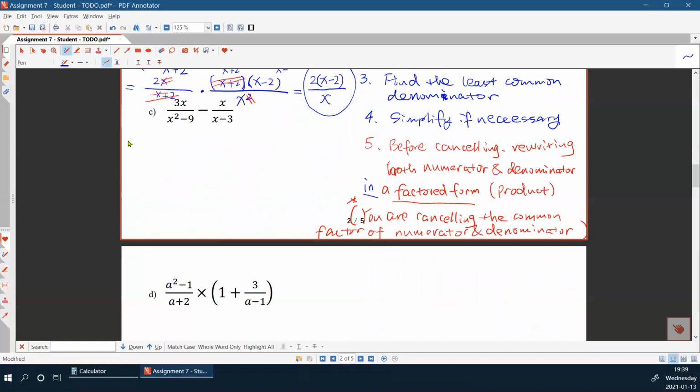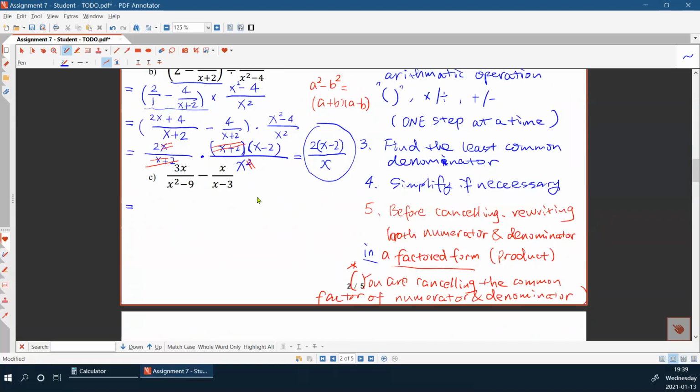Okay, following the same rules. There are only two terms, right? Okay, so in order to find the least common denominator, it's better to factor each denominator, and then it becomes easier for you to find the common denominator, right?